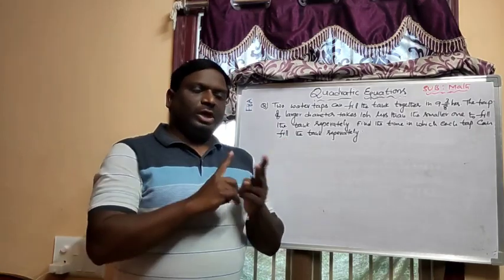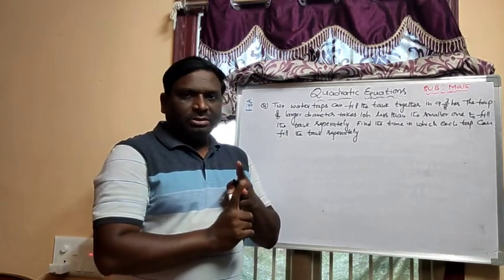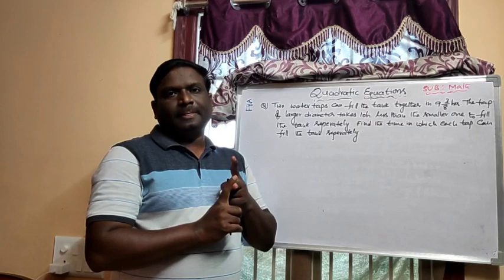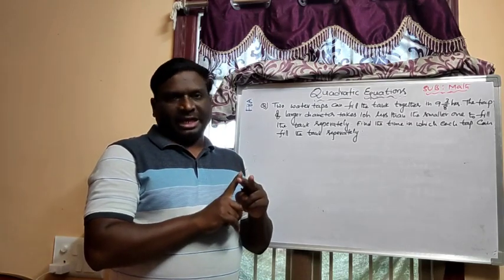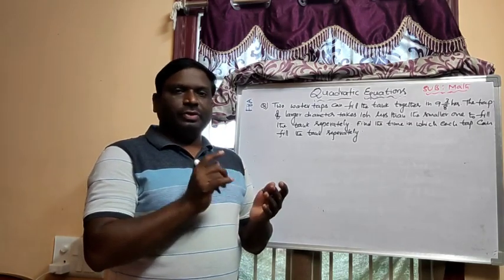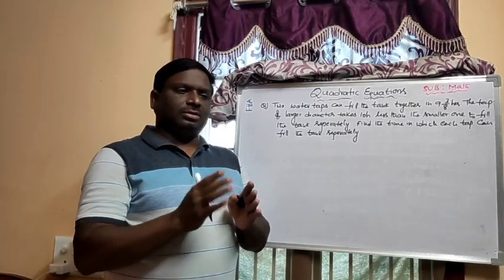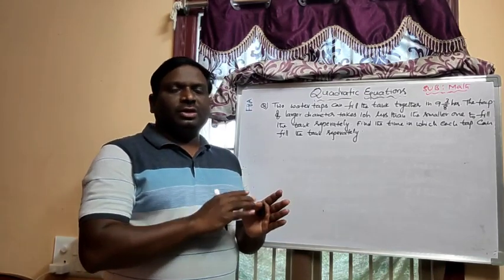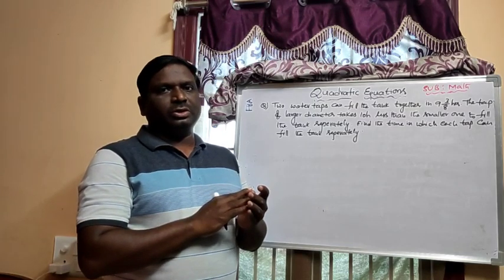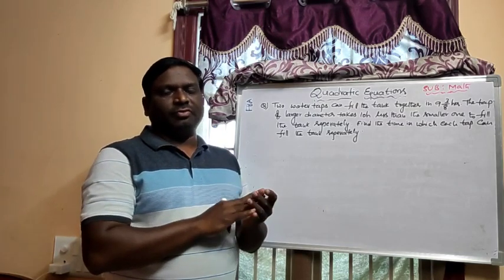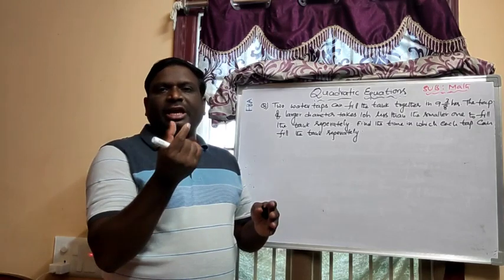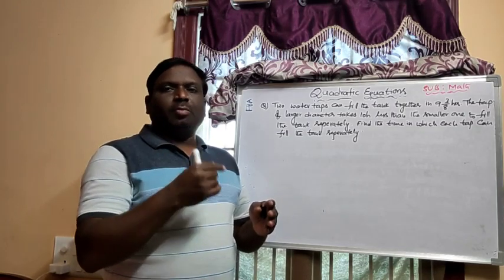So here two taps are there. One tap is a larger diameter tap and another is a smaller diameter tap. Generally, the larger tap can fill the tank in less time, and the smaller diameter tap will take more time.